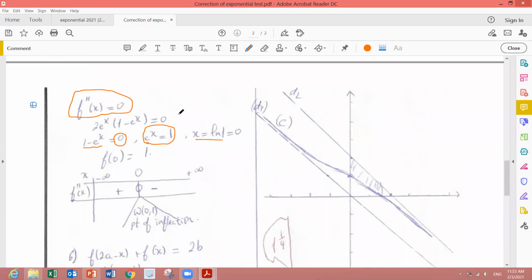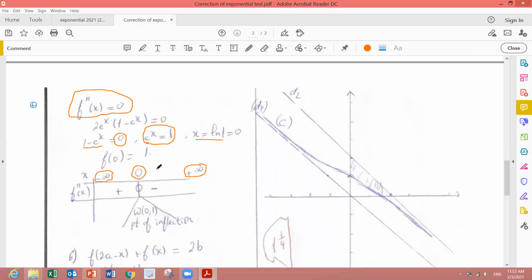As I say always, you have to show that the second derivative changes sign. This is the second derivative of x, from minus infinity to plus infinity. Here I put 0 at 0, where the second derivative is 0.